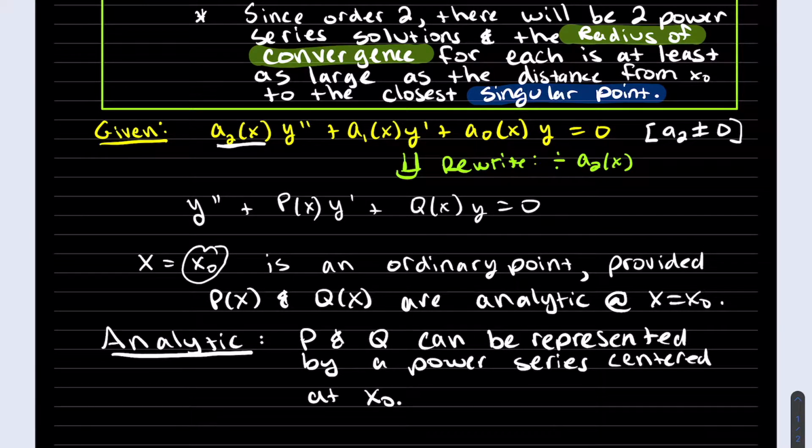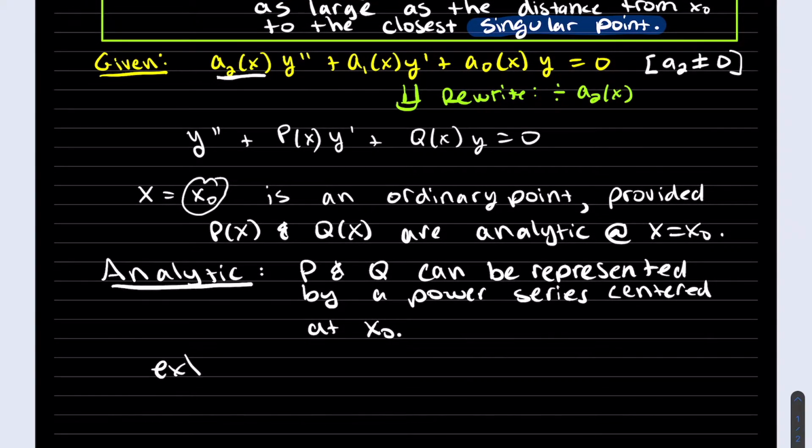You've all heard the term analytic, and you can think of it kind of like algebraic. One example of where a function can be represented by a power series is one we did in the last section: e to the x was represented by the sum of x to the k over k factorial, k equals 0 to infinity.